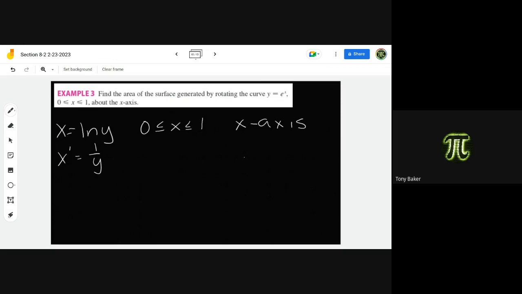All right. So this does change too because we have to do it in terms of y. So it would be 1 to e.